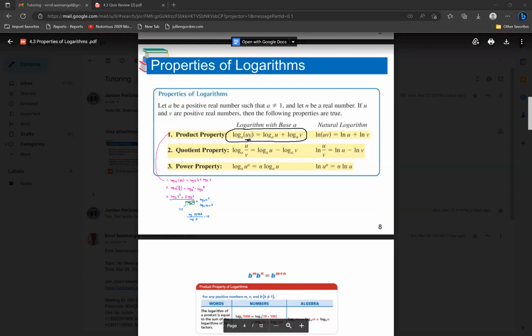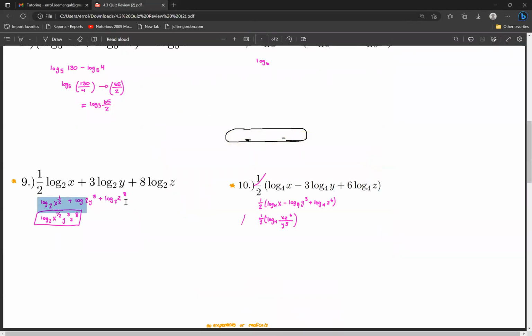Log of u times v is just broken out into the u and the v with an addition sign in the middle. So that's one of the properties. Let me go back to the other one. That's where we used number 9. This is where we applied that property. We got an addition sign right there, right there, and right there. All that means in logs is multiplication: this one times this one times this one.